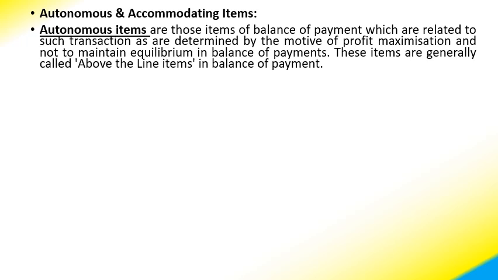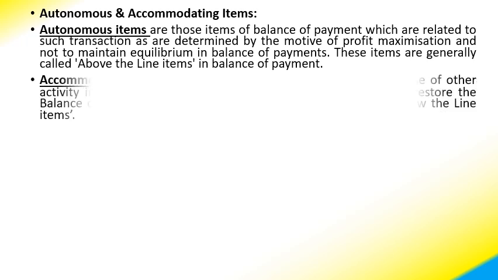These items are generally called above the line items in the balance of payment. So basically, if any transaction takes place and because of that the economy is going to get profit maximization, that is known as an autonomous transaction or autonomous item. It is basically called above the line items of the balance of payment.